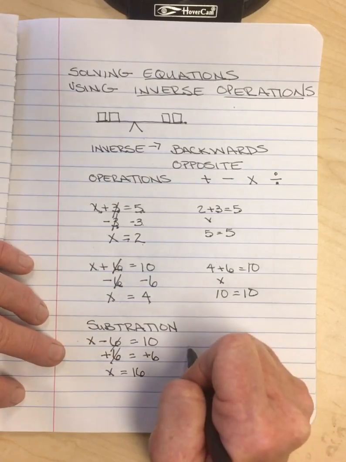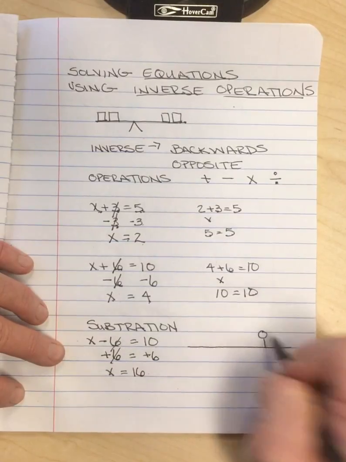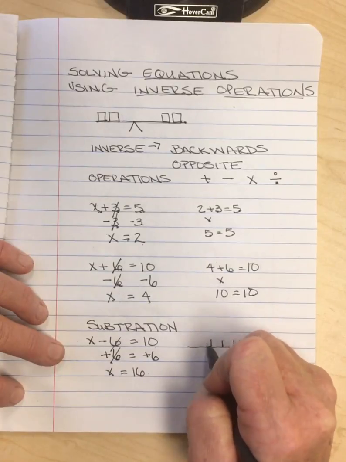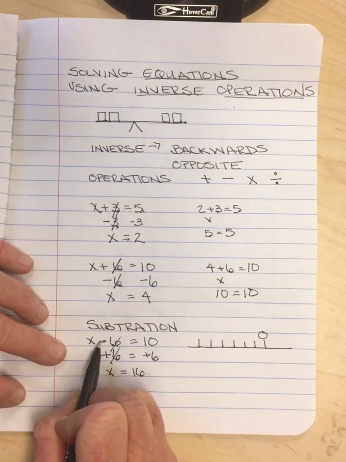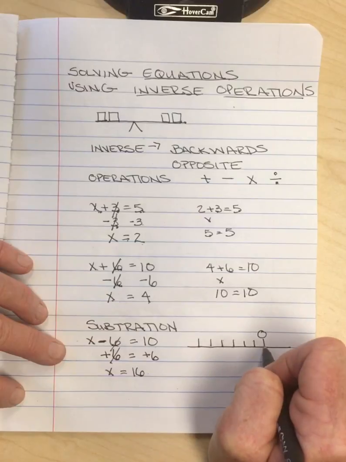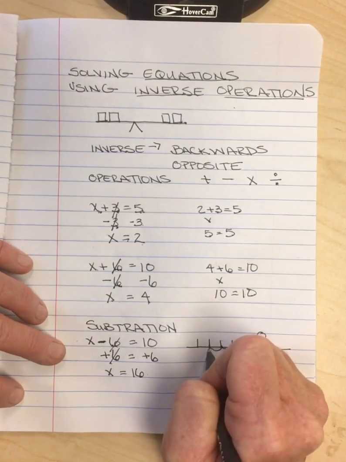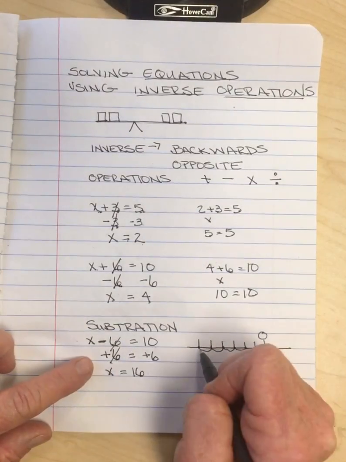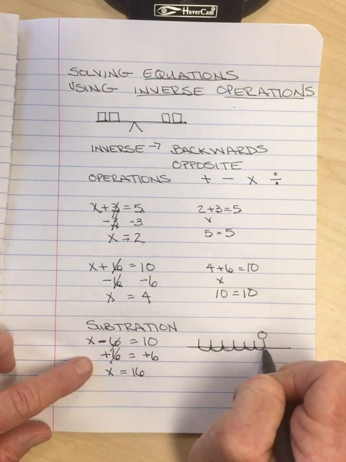These are going to become 0, and I have x is equal to 16. So think about it. If I have a number line, and here's 0 on my number line, 1, 2, 3, 4, 5, 6. This says x minus 6, or just subtract 6. So I'm at 0, and I'm going to subtract 6. 1, 2, 3, 4, 5, 6. But what happens if I add 6 back? Then I'm going to come back 6, and my answer is 0.